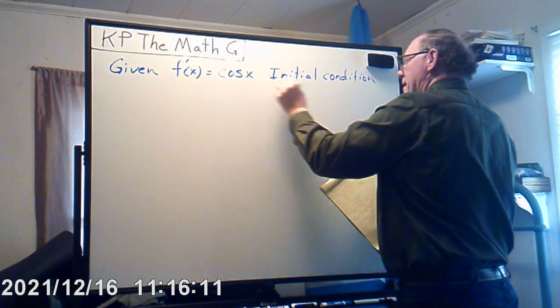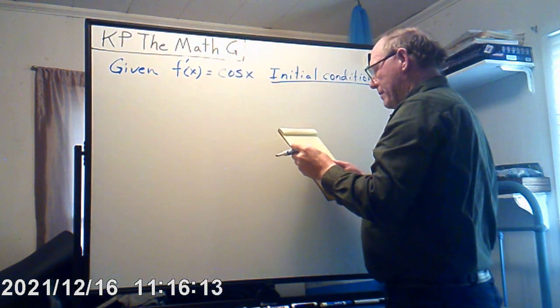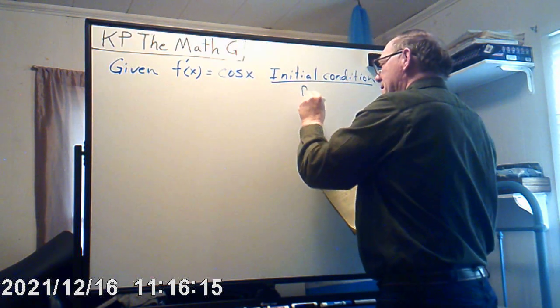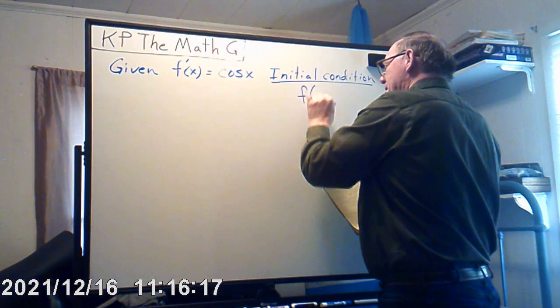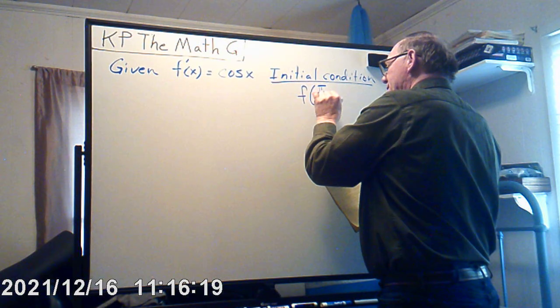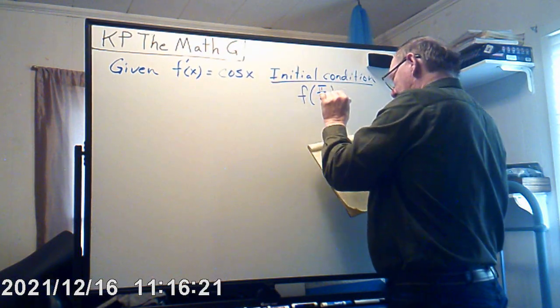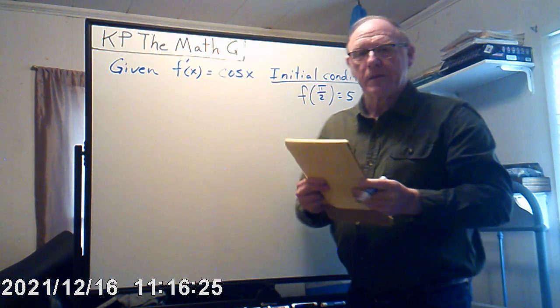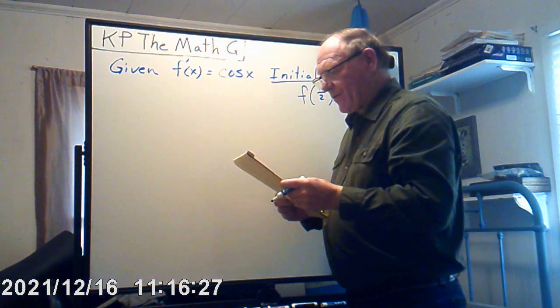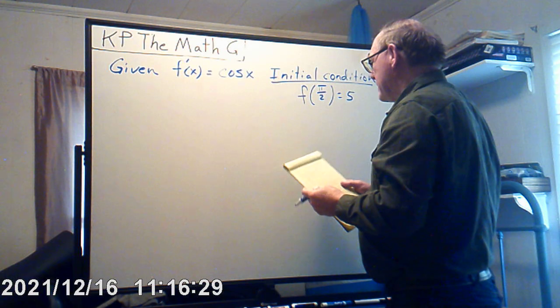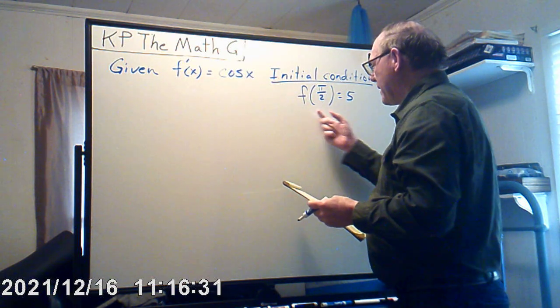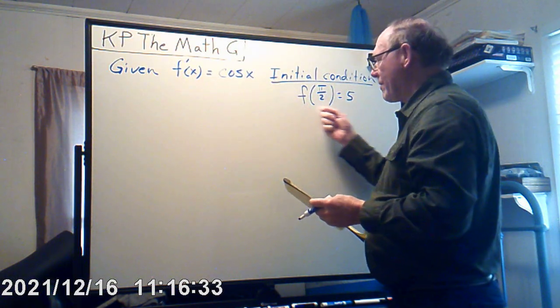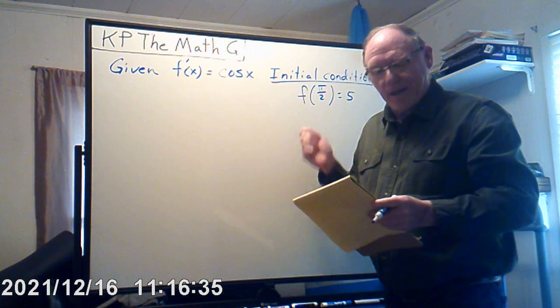Well, what is that initial condition? It is f at pi over 2 is equal to 5. That's the initial condition. We're going to find a c such that f at pi over 2 equals 5. That's what we want to do.